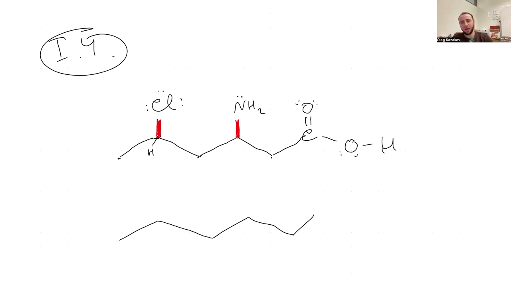So basically what's the difference between the two pictures? Between these two drawings, very similar pictures, we used to have a couple of H's here on the hexane, on this second carbon. Now we have only one H and chlorine instead of the second H. So one of the H's was substituted with a chlorine group, and now we have the chlorine group as the substituent here. Same logic applies here.